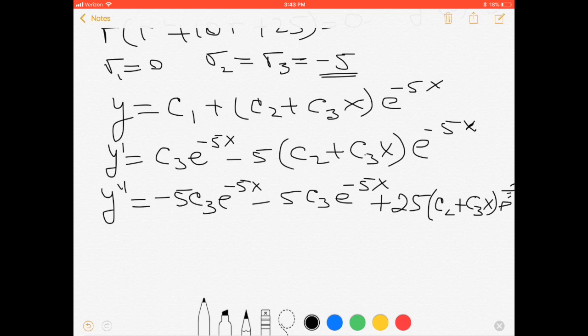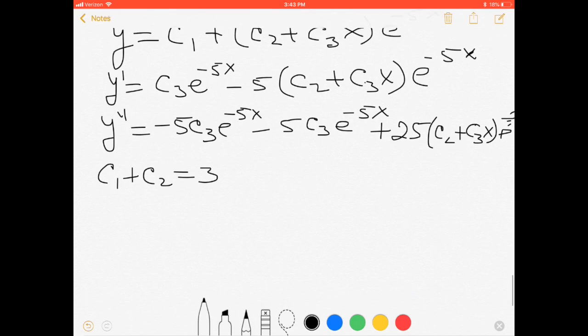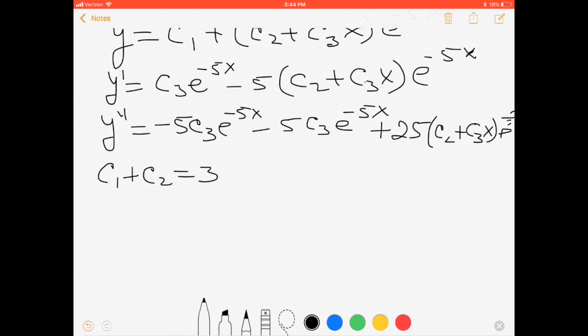If we plug in x equals 0, for the first value of the function you have only C1 plus C2 equals 3. Plugging x equals 0 into the first derivative, you have minus 5 C2 plus C3 equals 4.